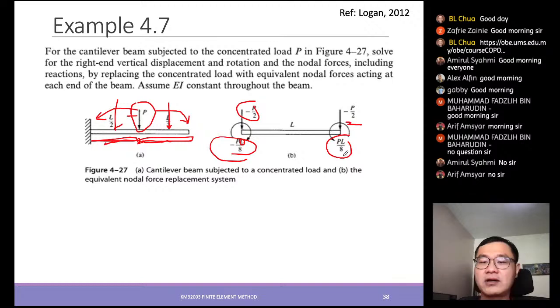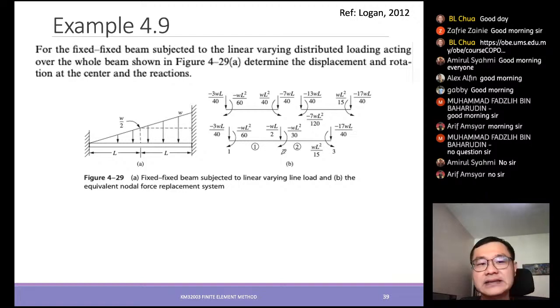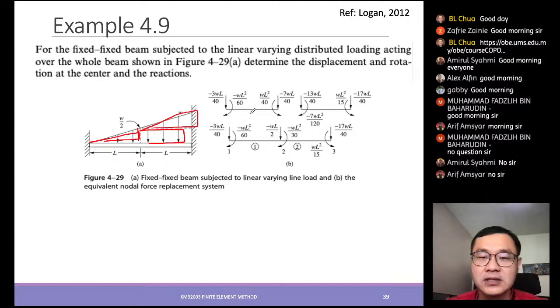Same thing if you now have a non-uniform distributed load. Therefore you have this triangle, and you can form a square over here as well as a triangle over here. So what you need to do is combine them together part by part. For node number 1, let's take element number 1 and element number 2 over here.